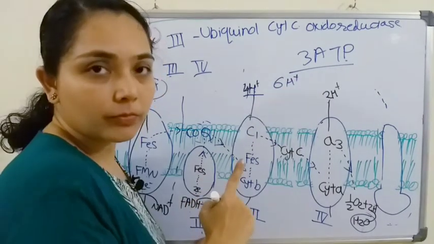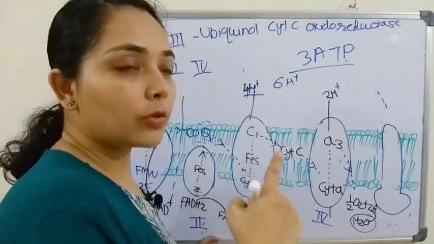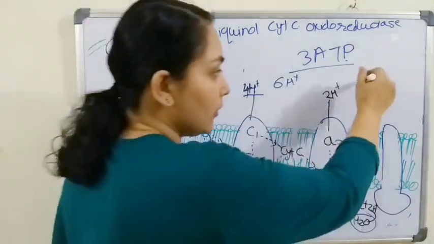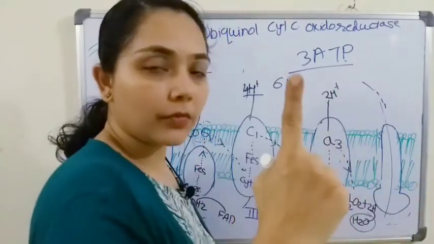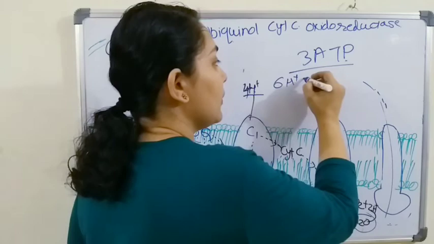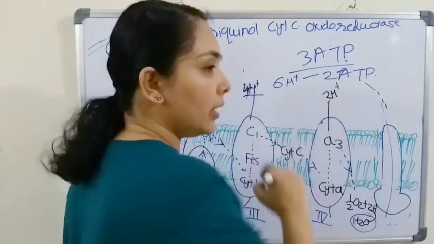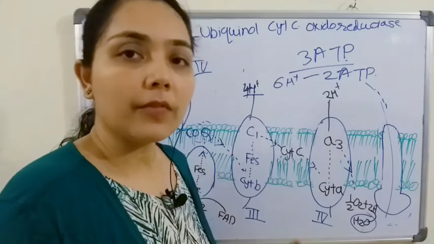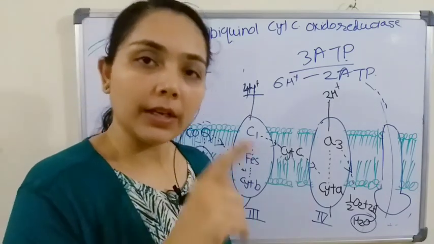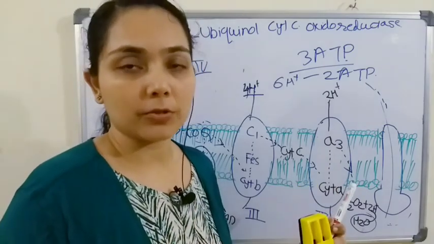So 3 protons, 1 ATP, again 3 protons, 1 ATP. So how much ATP are we getting here? 2 ATP. So this is the reason why we get 3 ATP from 1 NADH molecule and 2 ATP from 1 FADH2.